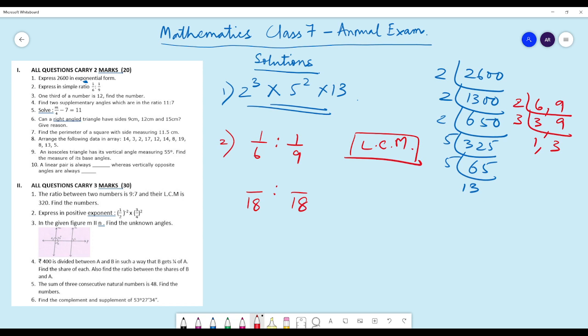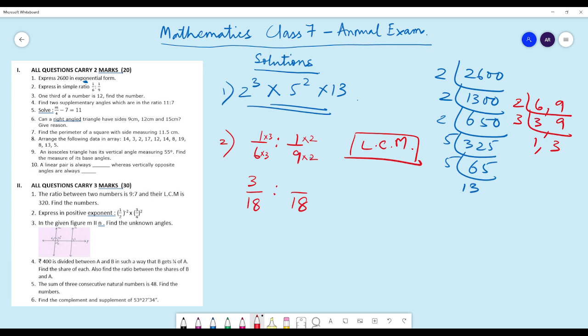So 1 times 3. What we are doing over here is multiplying this by 3. So we need to multiply the numerator by 3 as well. So this becomes 3. Now, how do we convert this into a fraction with denominator 18? So 9, how do we convert 9 into 18? We multiply this by 2. Same thing we will have to do with the numerator as well.